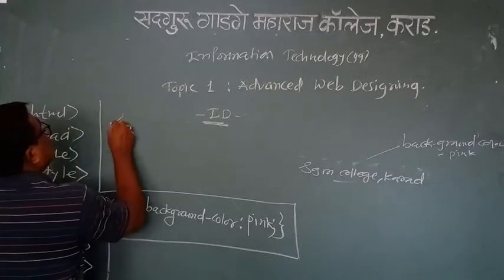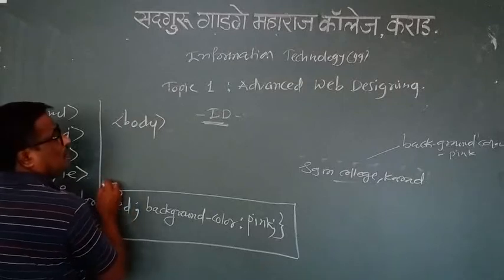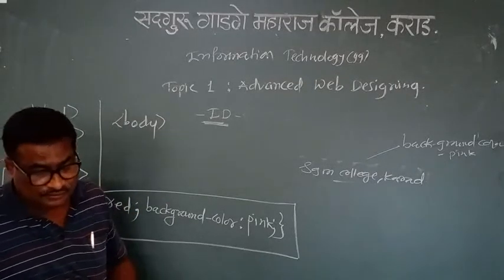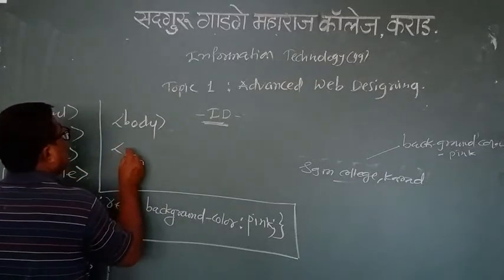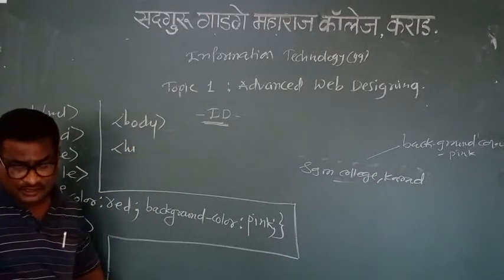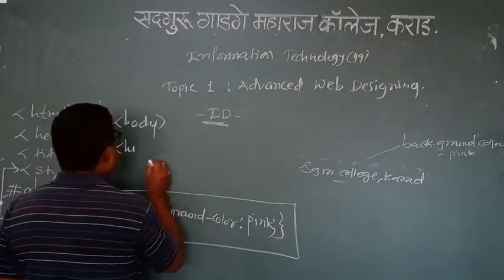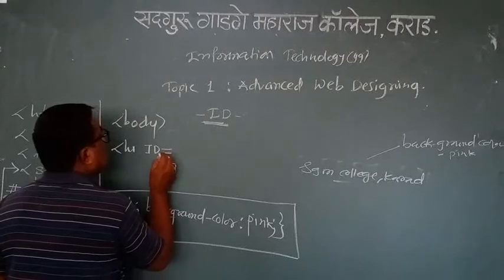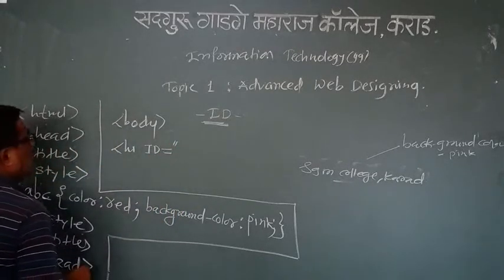Next, after that, the well known body tag. Here we have to use any tag, for example the H1 tag. Here we have to study ID, therefore write id equal to the ID name. What is the name of the ID?